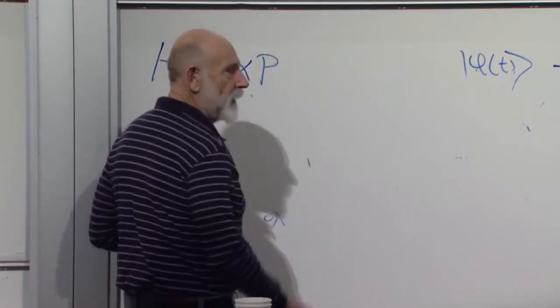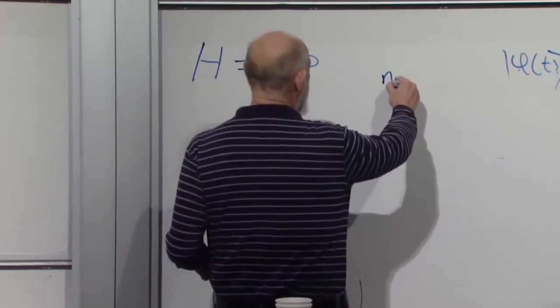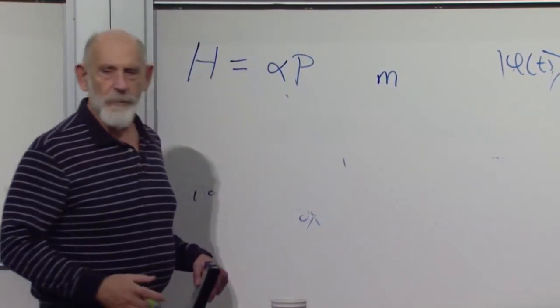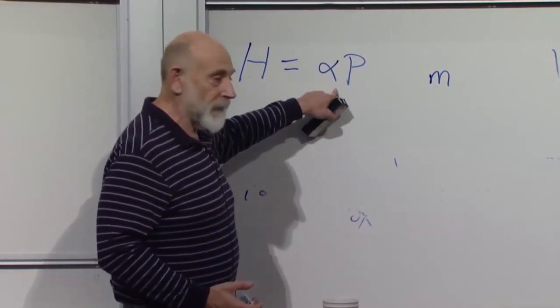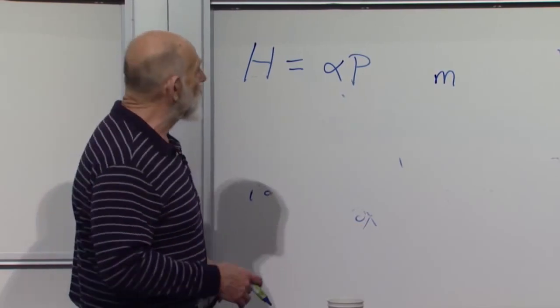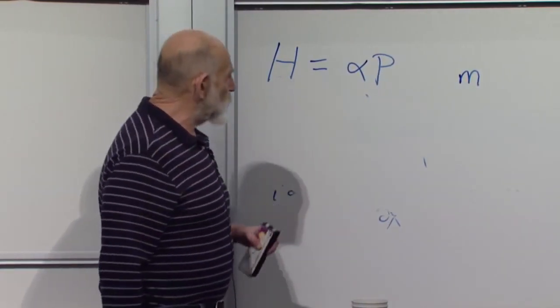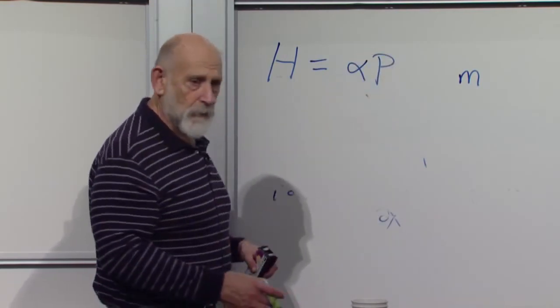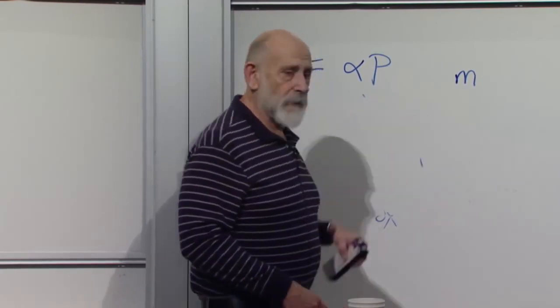I'm going to add something here. It ought to be proportional to the mass. M, of course, means mc squared, strictly. It's the energy of a particle at rest when it has no momentum. So we want something to account for the energy of a particle when it has no momentum. But since all of these equations now are acting on these two-component columns, in general, this thing has to be a matrix.